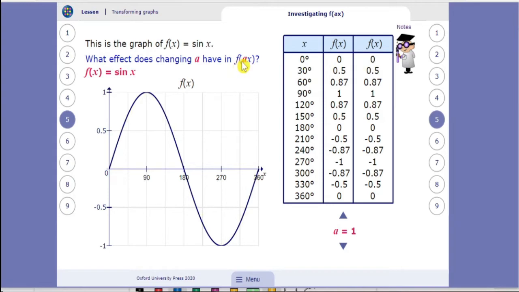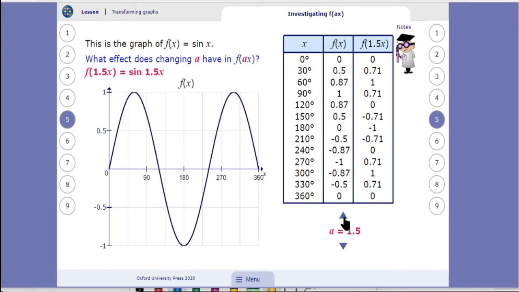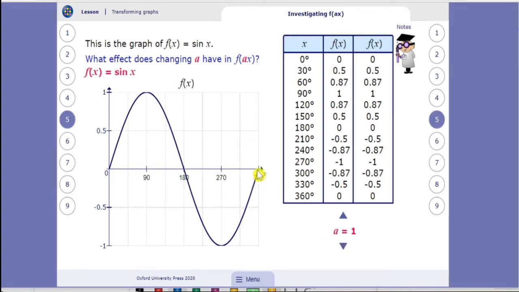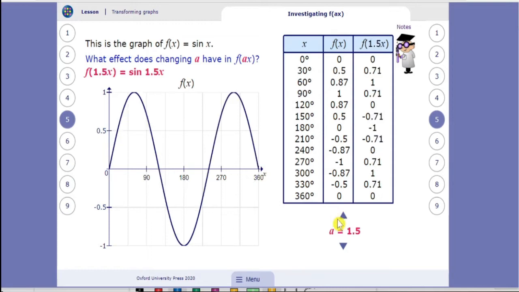Let's say a is equal to 1 and now a is equal to, let's say, 1.5. What happened? You can see that the original graph is now being compressed. Previously the wave was being completed at this point. I'll bring it back. So this point, when one crest and one trough is completed, is here, and now if you are multiplying by a number bigger than 1, the same point is being pushed towards the y-axis.